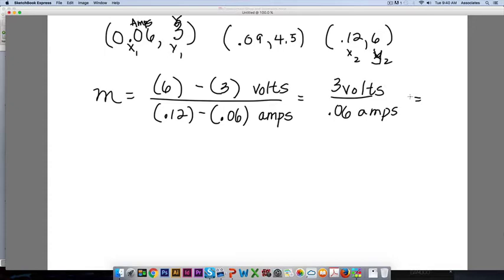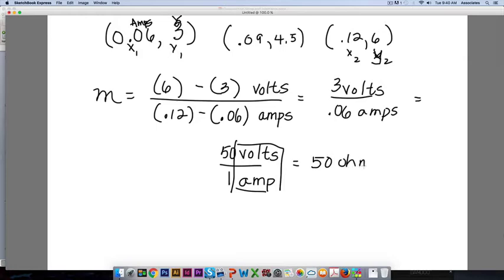Yes, so it would be 50 volts over 1 amp. Now, if you're really into electricity or your teacher has taught you, volts over amps reduces to ohms. So this would be 50 ohms, and this is the symbol for ohms.